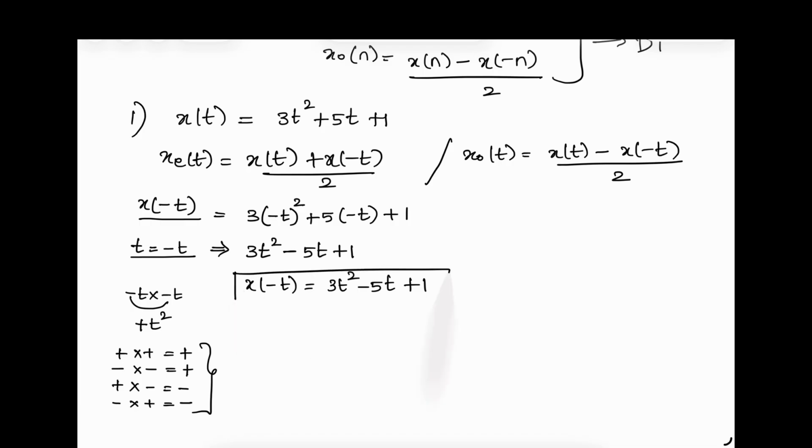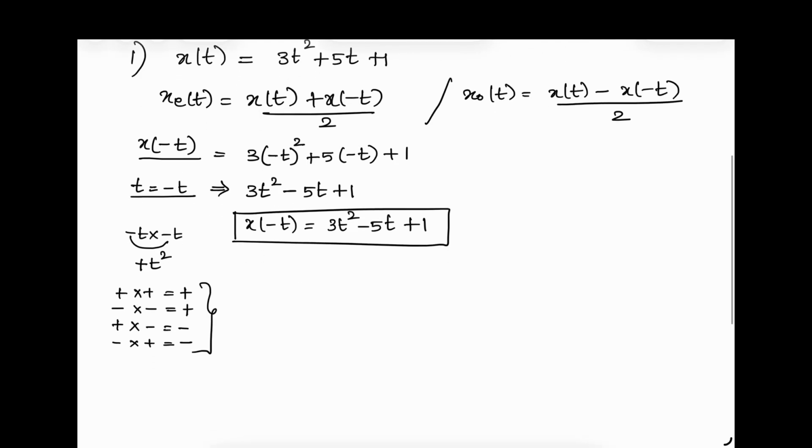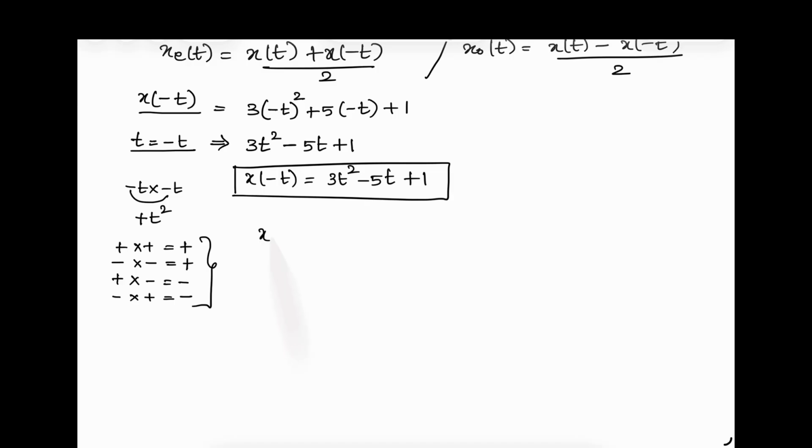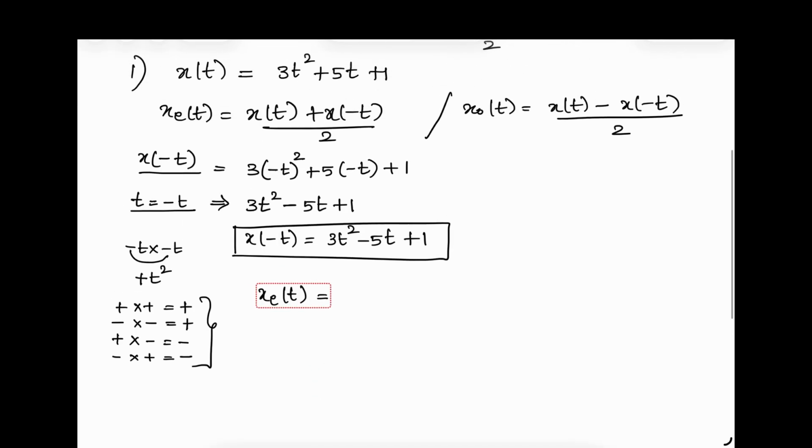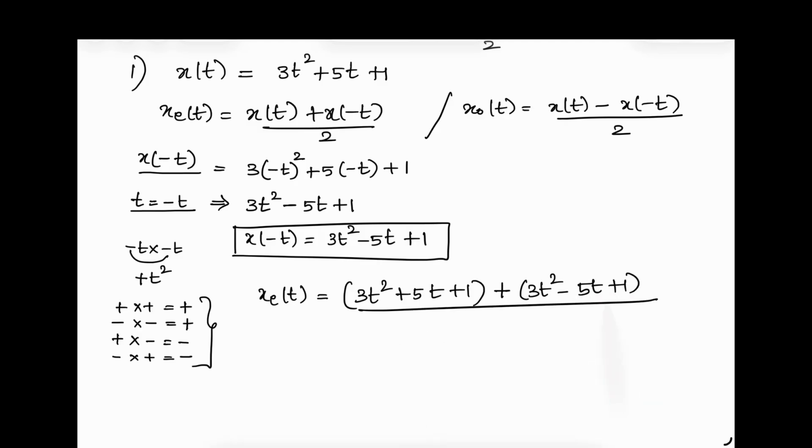We have computed x of minus t, and in the question we have got x of t. Now what is the next step? Substitute in the formula. So x even of t is equal to x of t, which you can write from the question, 3t square plus 5t plus 1, plus x of minus t, 3t square minus 5t plus 1, divided by 2.